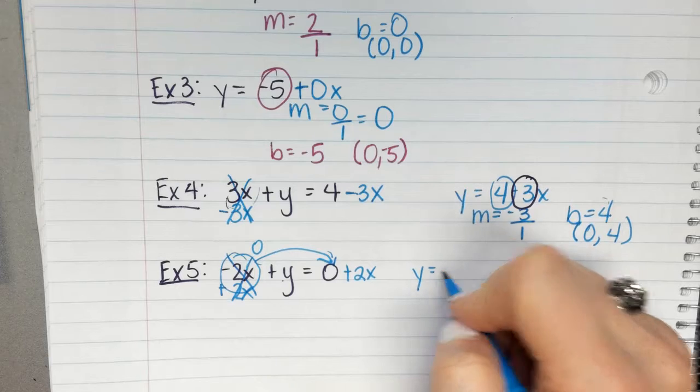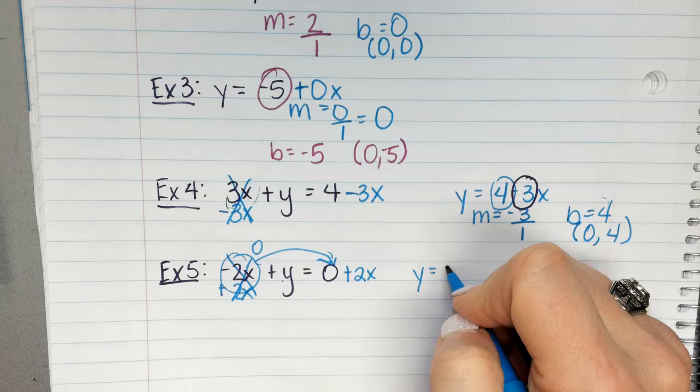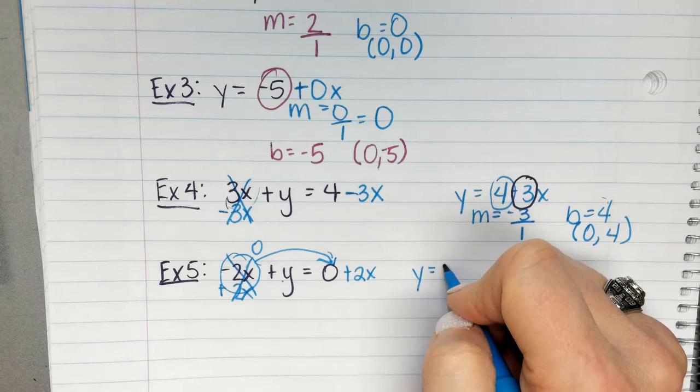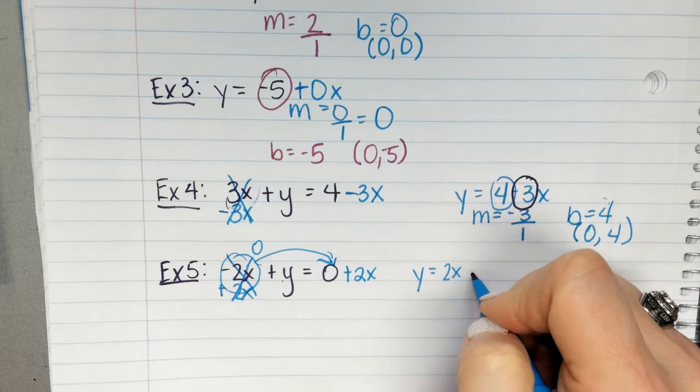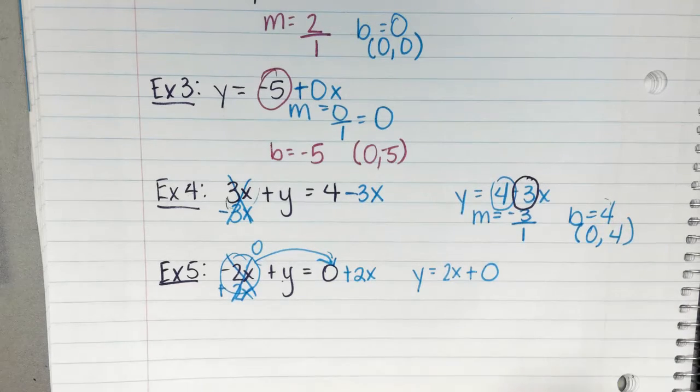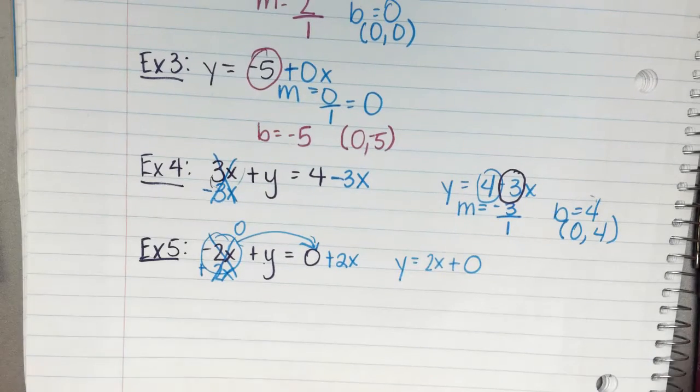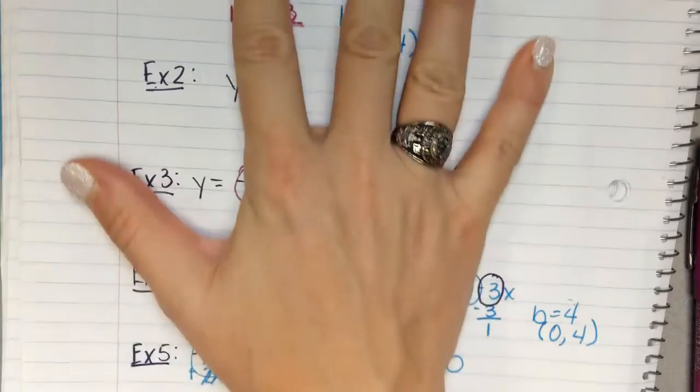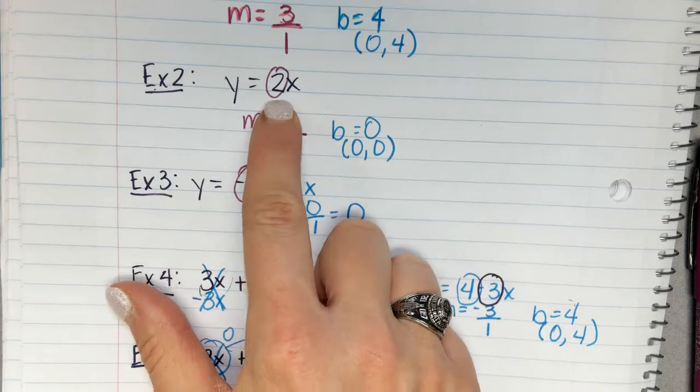Now I'm going to rewrite this to say y equals, and I'm going to put my 2x first, just so it's in a nice y equals mx plus b form. And I'm left with y equals 2x plus 0. You could just say 2x like we did up here in example 2.